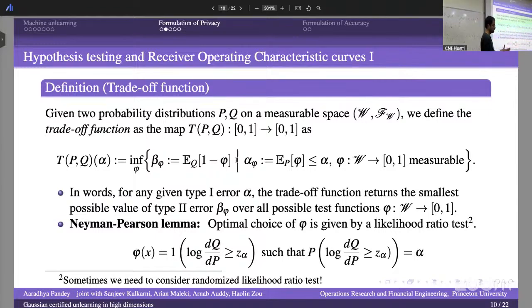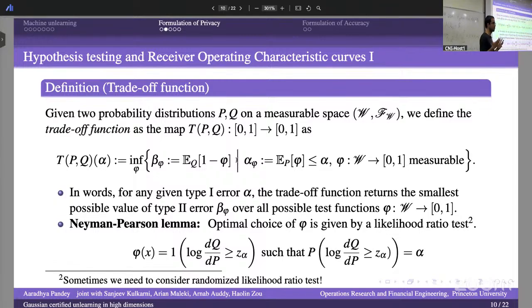So you have a sample, and you do not know whether it is from P0 or from P1. Your task is to come up with a procedure to say, if the value falls in some subset of the space, I'm going to output 1, which means it came from P1 or Q. If the value is in some other subset of the space, then I'm going to output P or P0.